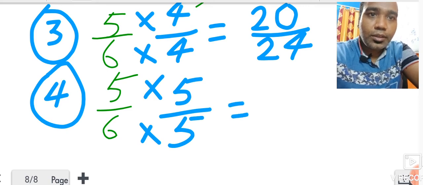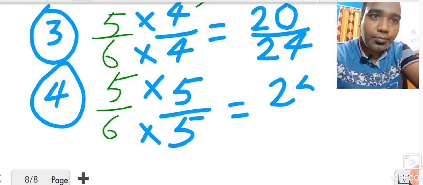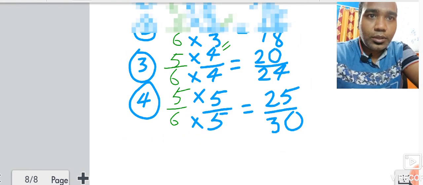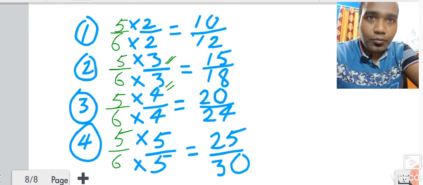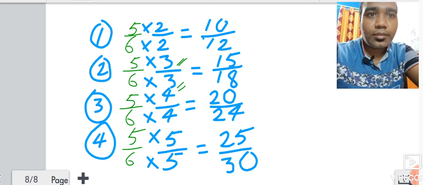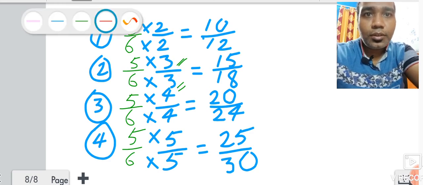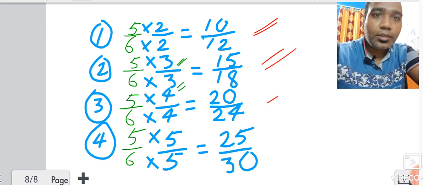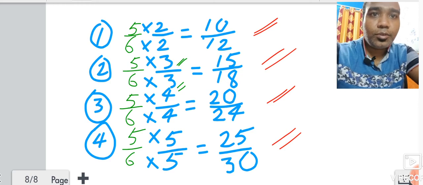How much will we get? 5 into 5 we get 25, and 6 into 5, how much will we get? We'll get 30. Okay, so you can see here 4 equivalent fractions of 5 by 6. First one is 10 by 12, second is 15 by 18, third is 20 by 24, and the fourth is 25 by 30.